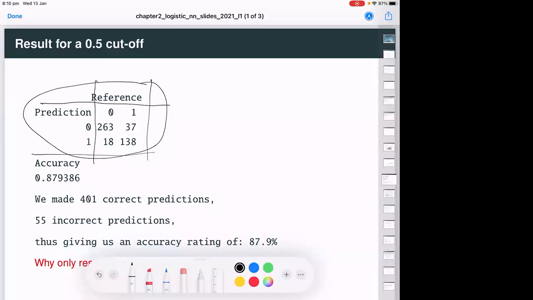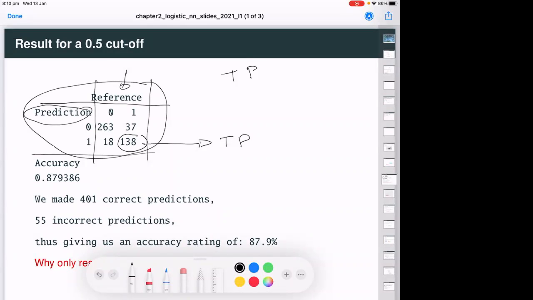Confusion matrix, yes, it is a confusion matrix. The reference is the truth, and this is the prediction. Just to remind what we have done with 138, what is this in the confusion matrix? We need to choose between TP. Yes, TP. So this is TP, true positive: we detect malignant cancer, and it was malignant.